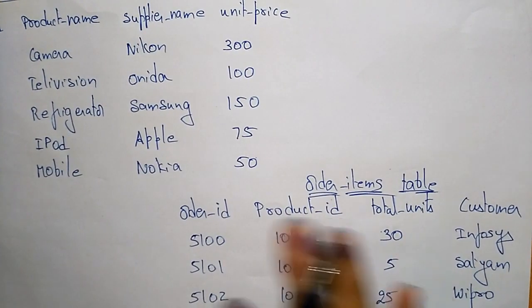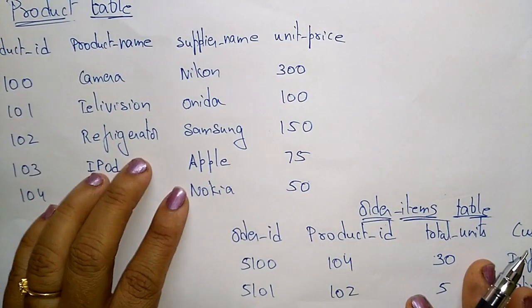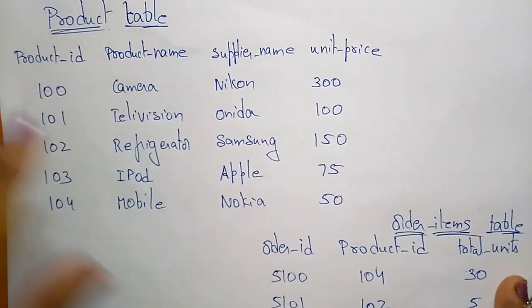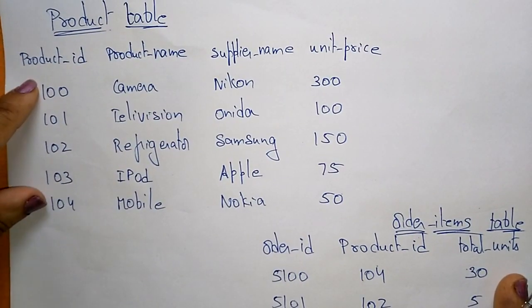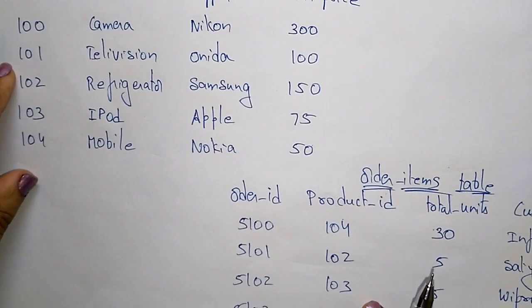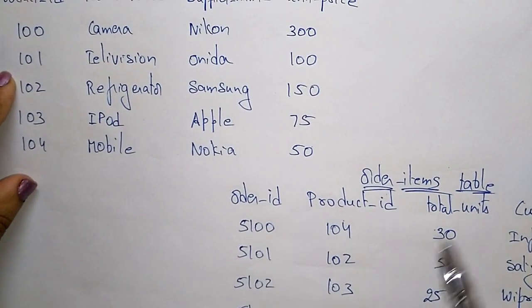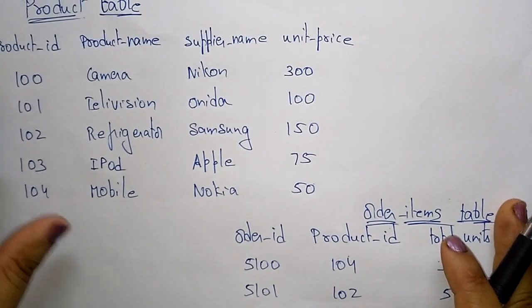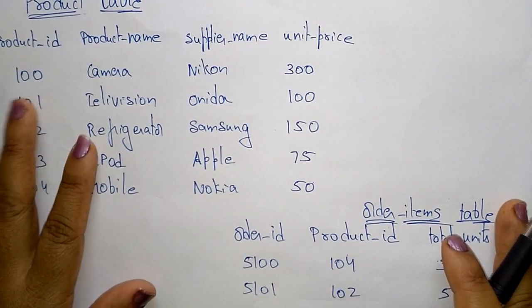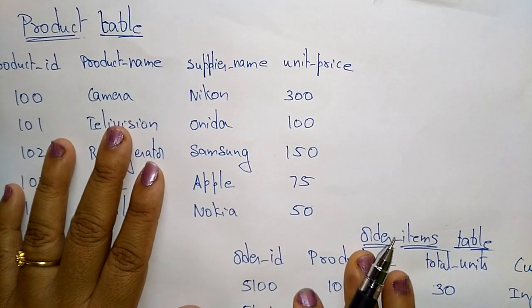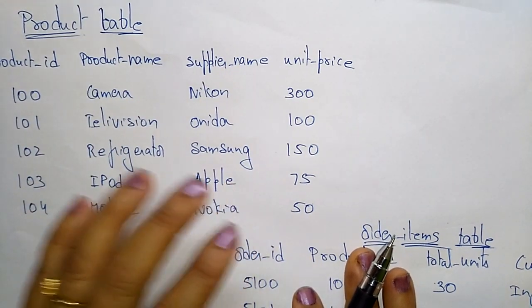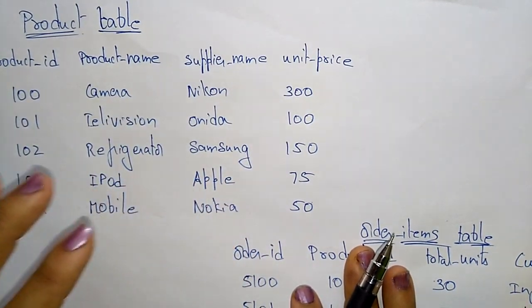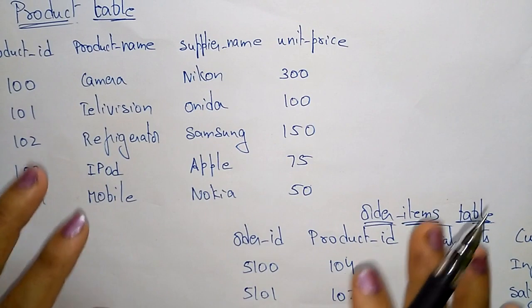Product ID is acting as a primary key here, and in this table it is a foreign key. That concept I already explained. Now I have to join these two tables by using equi-join.